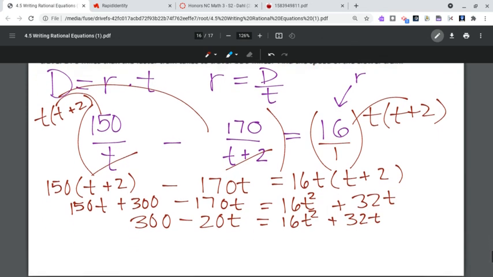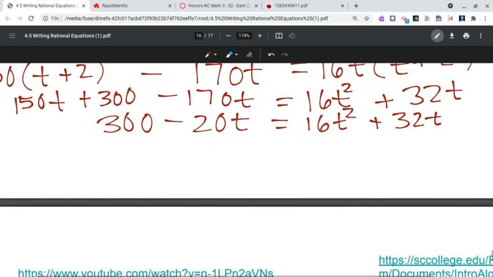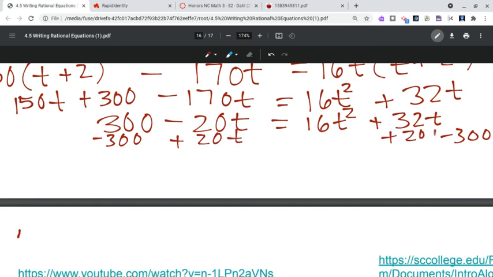I'm going to bring everything to the right. So I'm going to subtract 300 from the end, and I'm going to add 20T, okay, which gives us 0 equals 16T squared plus 52T minus 300. Okay, let's see.